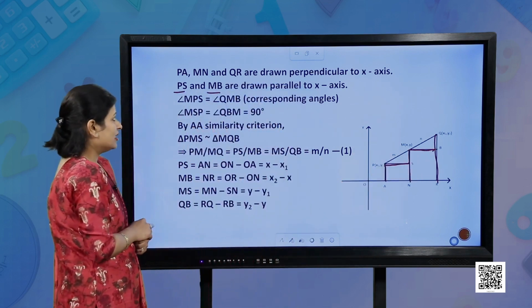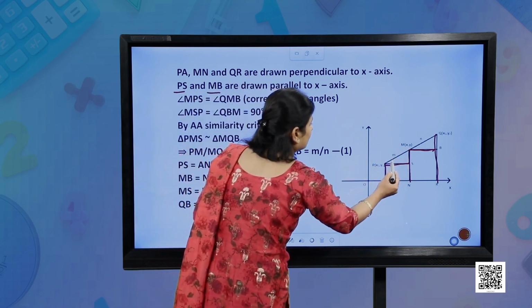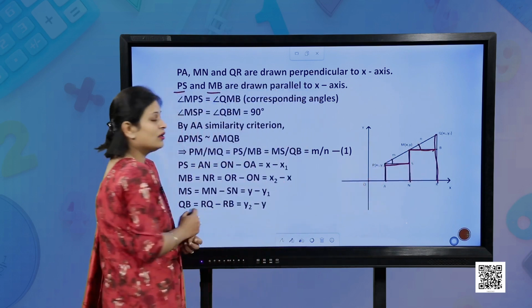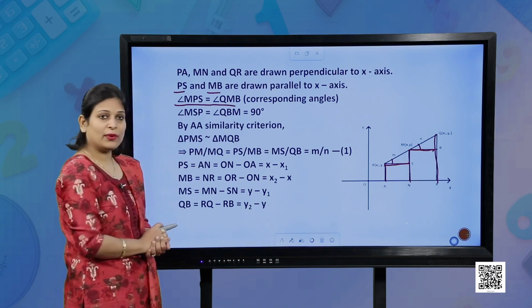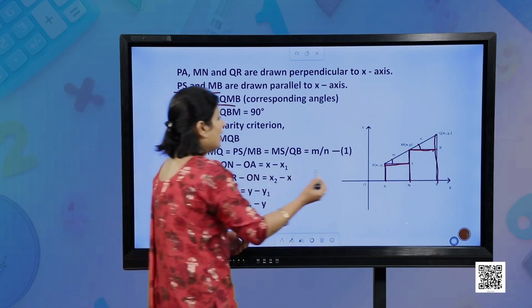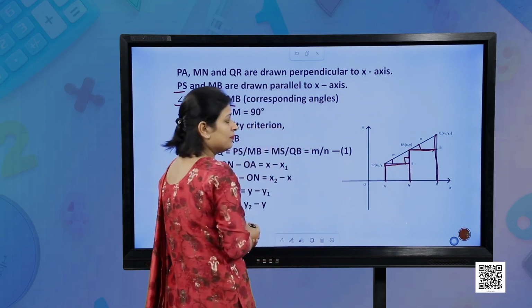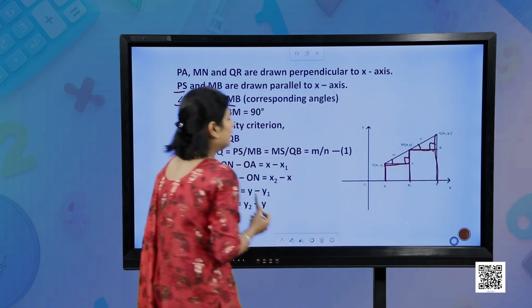Now, as you can see, angles MPS and QMB are corresponding angles, so they are equal. Also, angle MSP is 90 degrees and angle QBM is also 90 degrees.